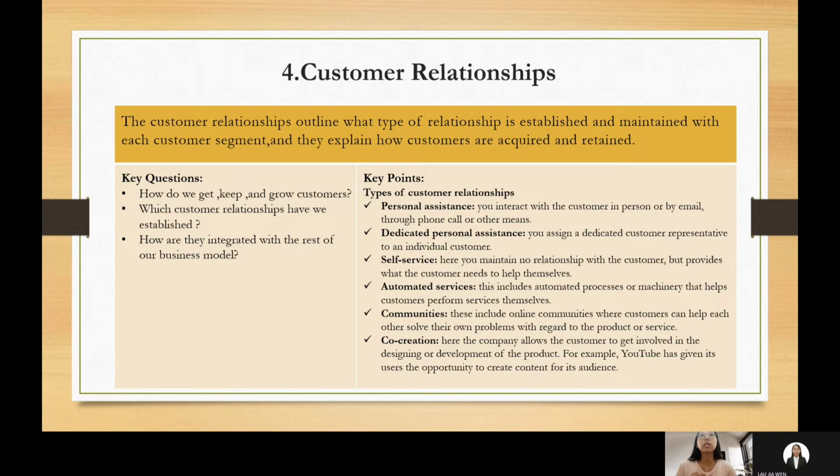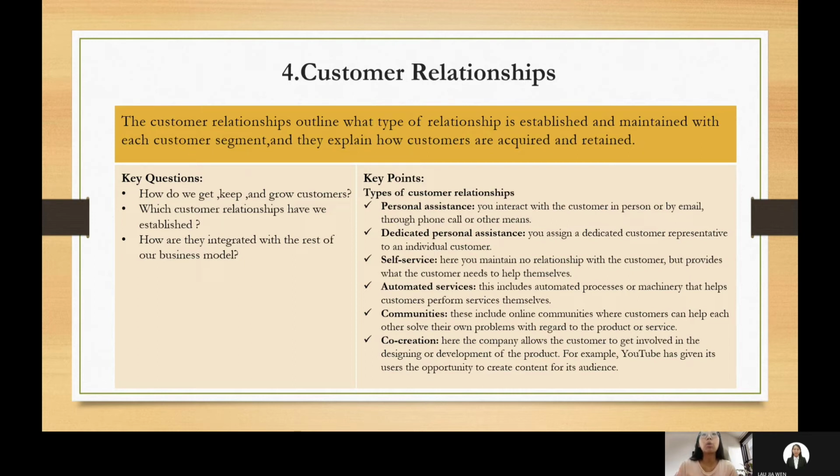And secondly is the dedicated personal assistance, where a dedicated customer representative can be assigned to an individual customer. Next is the self-service, where you maintain no relationship with the customer but provide what the customers need to help themselves. And the automated service includes an automated process or machine that helps the customer to perform the service themselves.